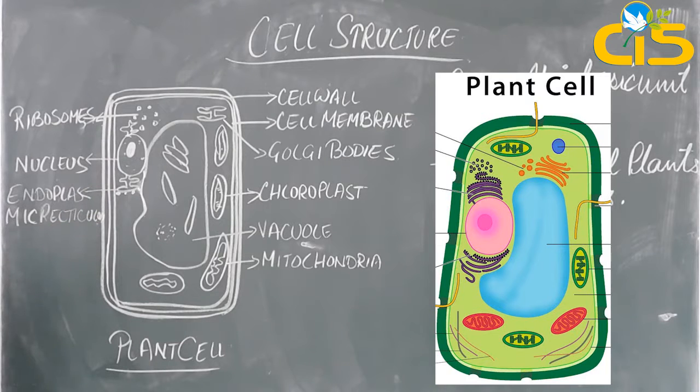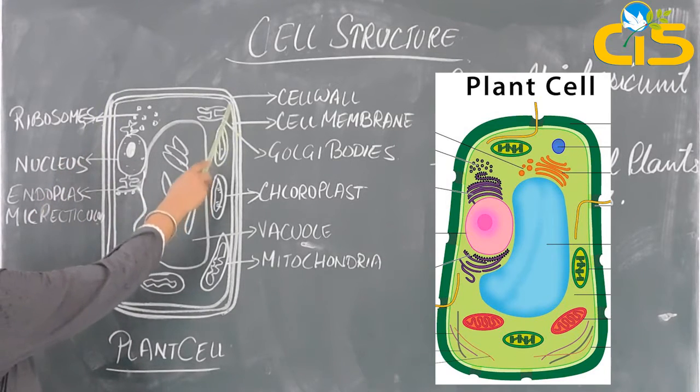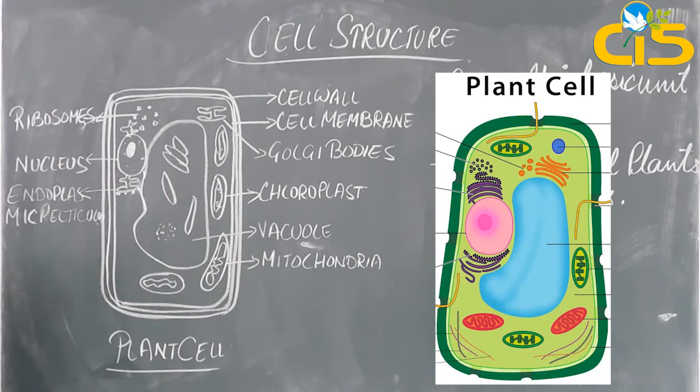So we have seen that the plant cell can be categorized into three categories. The first is the outer wall, the cell wall or cell membrane, which provides shape to the cell. Then we have the cytoplasm, the second category, in which the various organelles are dispersed in the cell.